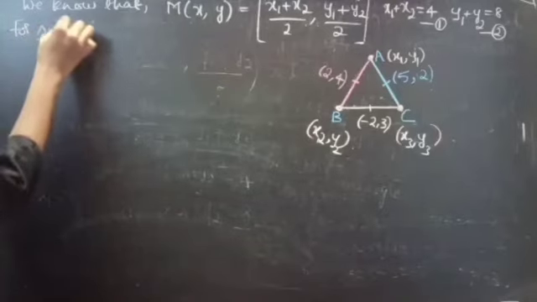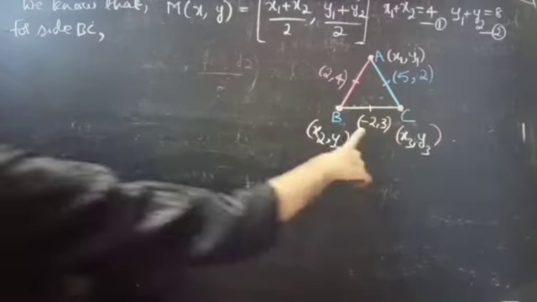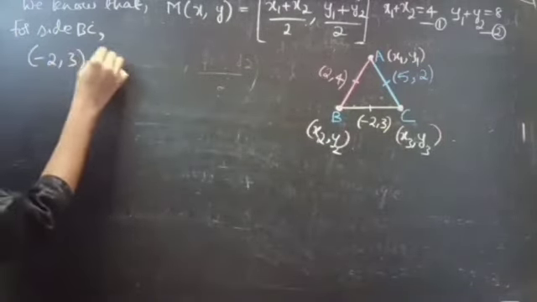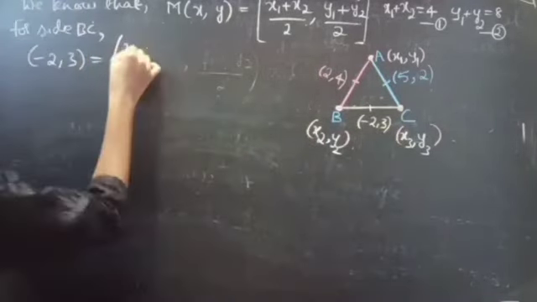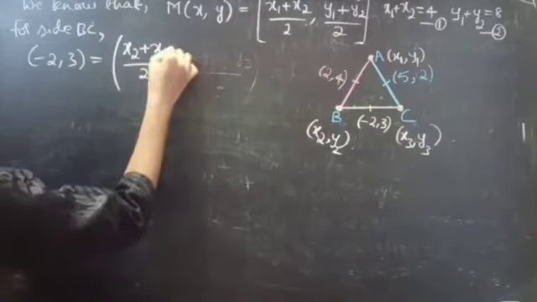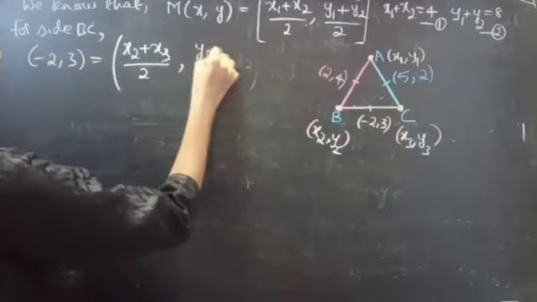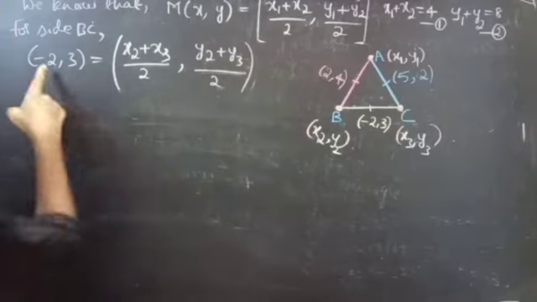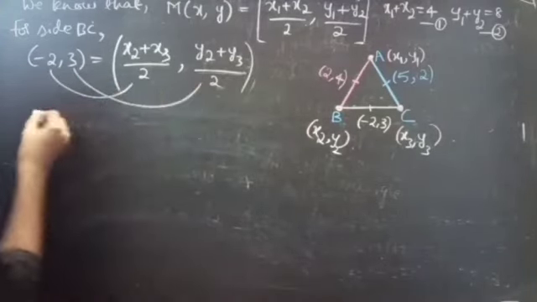Now let us consider side BC. (-2, 3) equals ((x2 + x3)/2, (y2 + y3)/2). Again, equate the x coordinate and y coordinate.